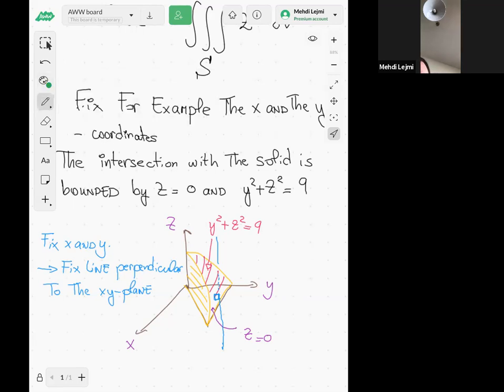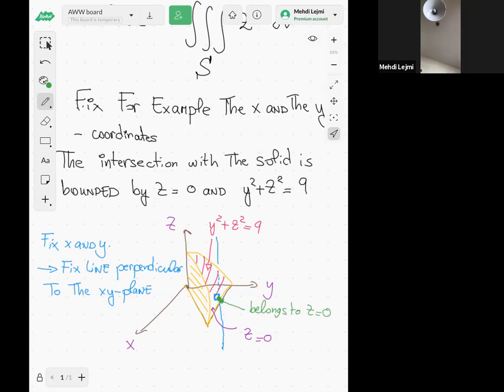So first it's going to intersect your solid in the bottom here. So this point belongs to the bottom of your solid, right? And the bottom of your solid is described by z equals 0. That's the xy plane, right? So the first intersection, in the bottom, belongs to z equals 0, the xy plane, right?